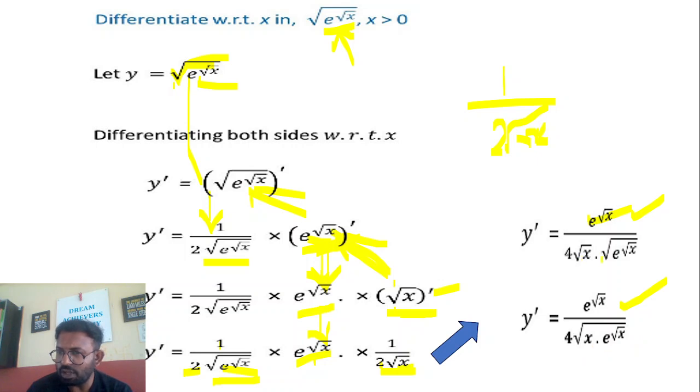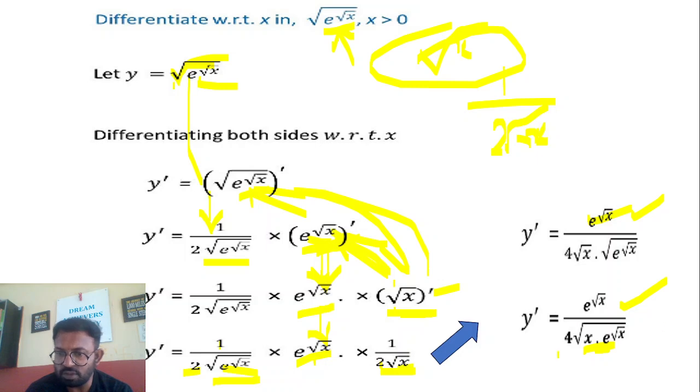Both have root, so I have taken it inside the root, the same thing will be there. So, 4 into root of x into e power root x. Clear? Do not get confused, do not directly solve it with e power root x. You should think that in the earlier step itself the root form will be there, it is in the form of root x. So, you should go ahead with the root x differentiation. So, next e power root x, next root x once again. Got it? So, this is a way to solve this type of problem.